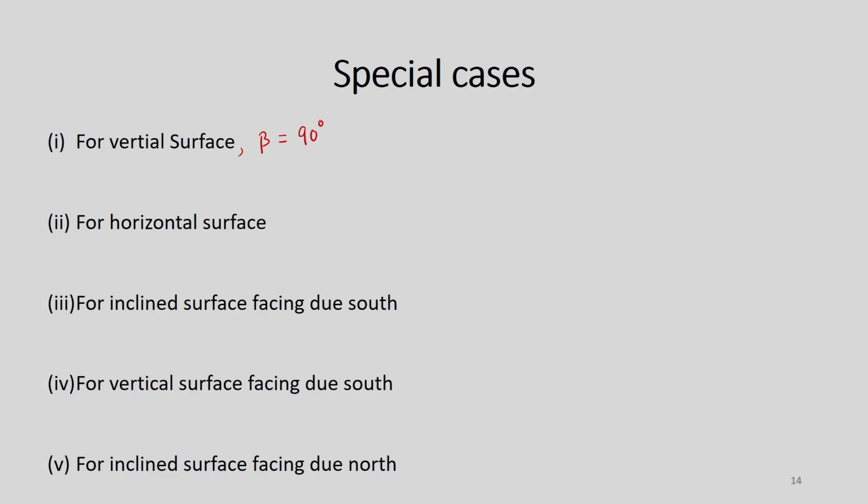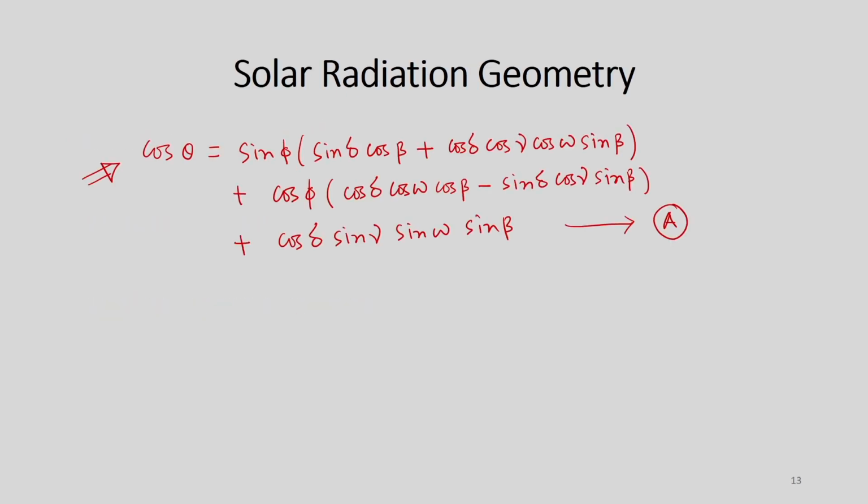Okay. So, if we substitute beta value 90 degree in equation A, then what will happen? We will go back to the slide, and substitute beta is 90 degree. So, cos beta will be 0, and sin 90 will be 1.